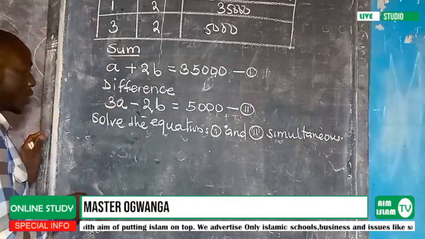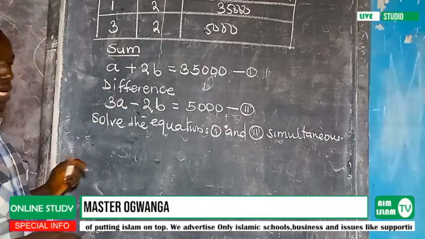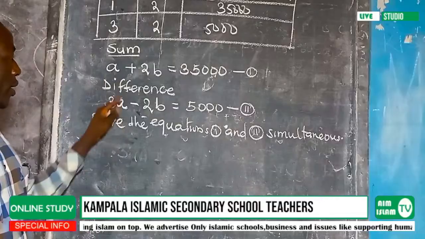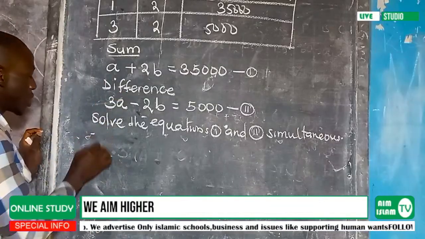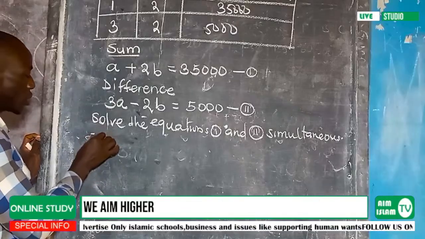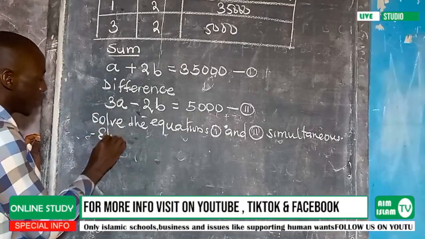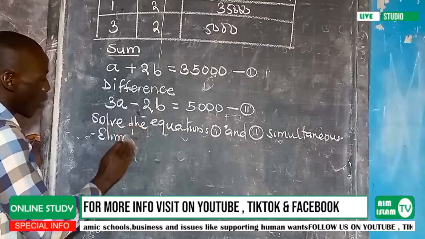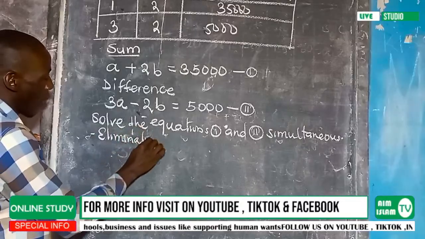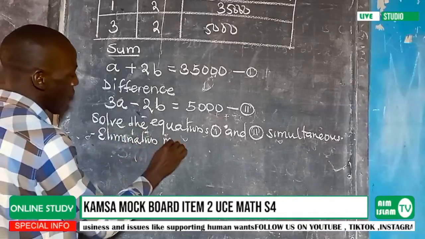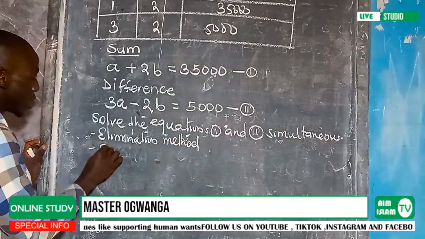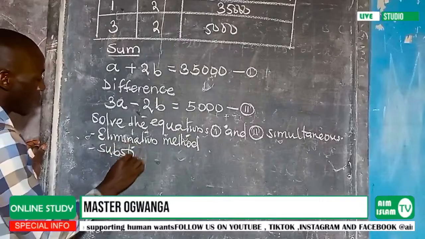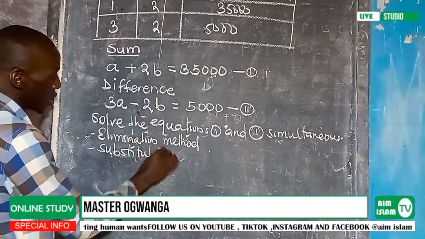Like last time I gave a summary of the methods that can be used in solving equations. To remind ourselves in 1 minute, we said that simultaneous equations can be solved using elimination. That is our first part, the elimination method. At the same time, I can solve it using the substitution method.